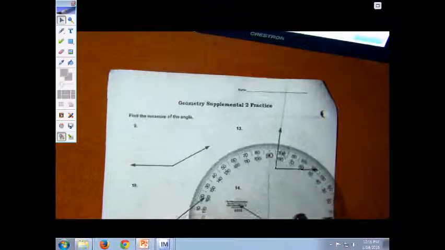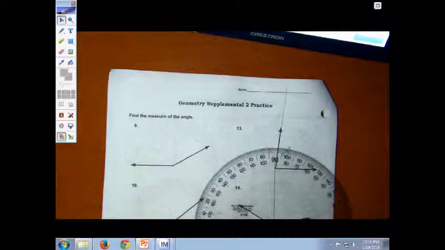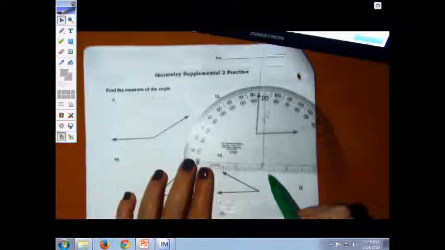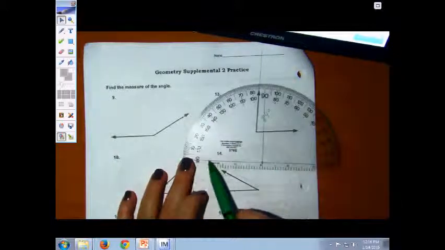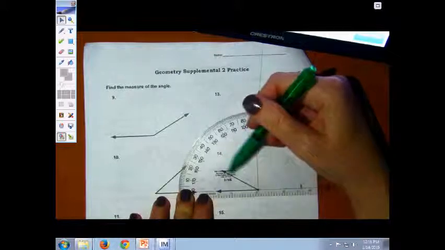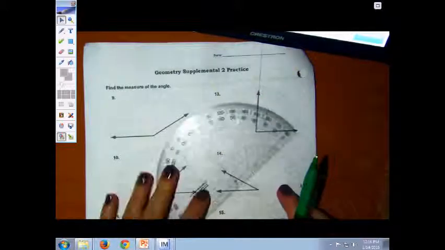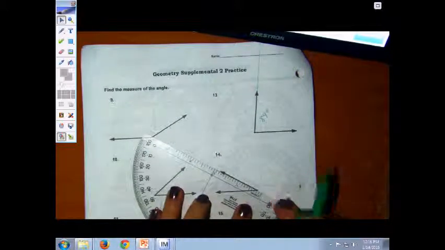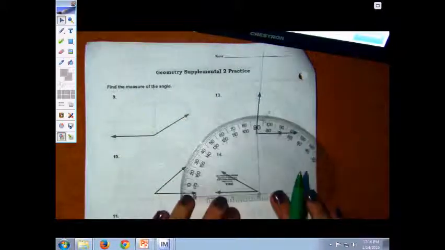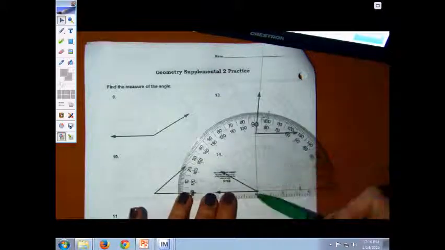Now with this type of protractor, let's look at number 14. I don't have a hole, but I do have that dot. Do you guys see that dot right there? And then I have this line across the bottom. So I'm going to line the vertex up in that dot and the line of the angle on this line across the bottom. And again, you can see it's not long enough for me to measure. So I'm just going to draw a line out, reline this up, and then I'm coming up this way.